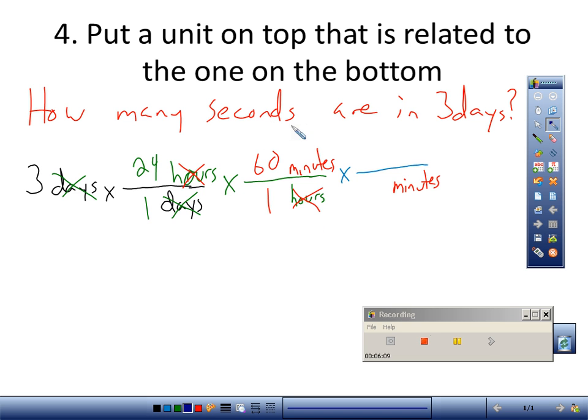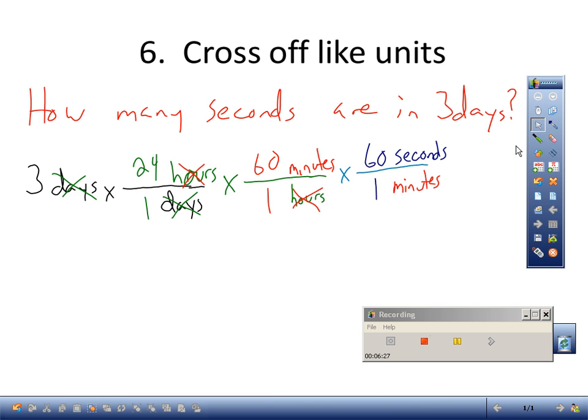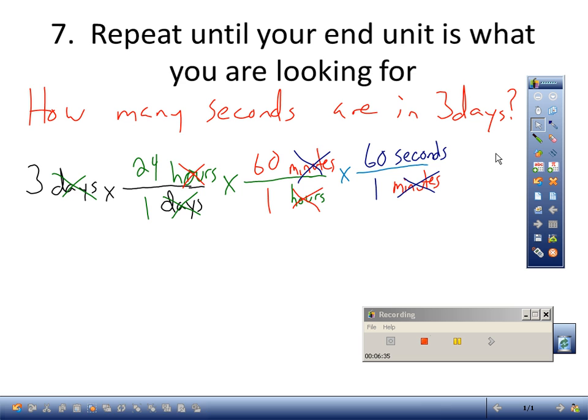I want to get to seconds. I can definitely convert minutes to seconds. Step number 5, fill in the numbers that make it make sense. Well, there's 60 seconds in a minute. Cross off like units. Minutes, minutes. And repeat until we're where we want to be.